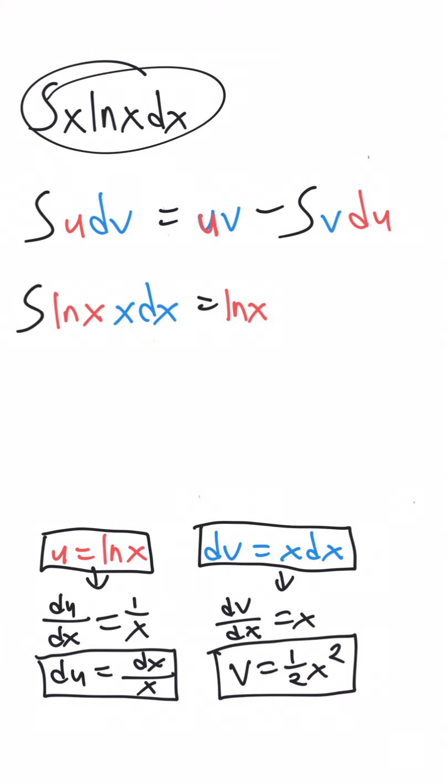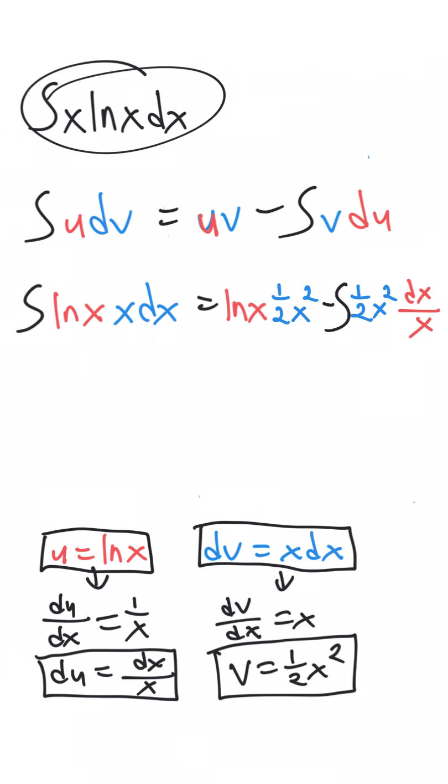In place of v, I need 1/2 x squared. Okay, we got minus the integral. V again is 1/2 x squared, and du is dx over x. Let's see if this thing pans out.